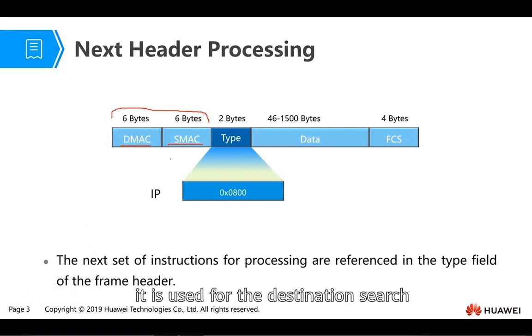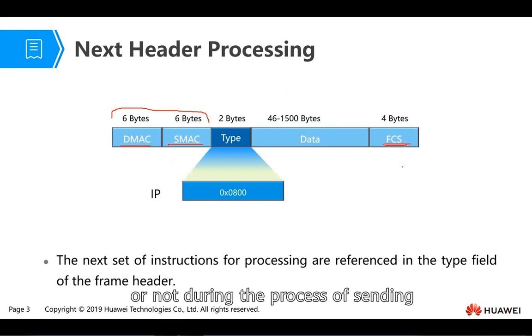It is used to identify the source and destination in the local area network, the LAN. And then the last field is the FCS, the frame checksum, to check if the frame was not damaged during the sending from the source to the destination.